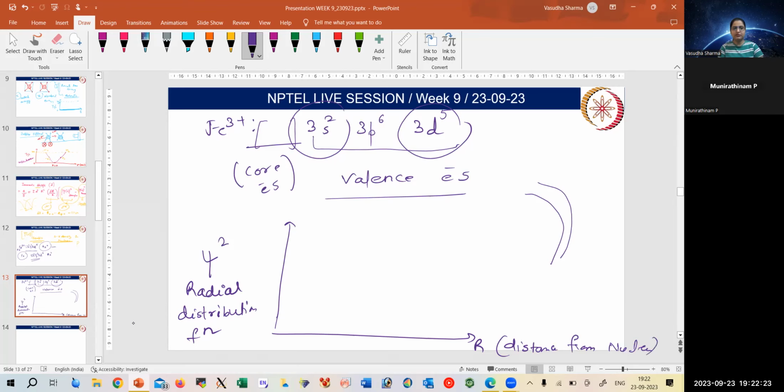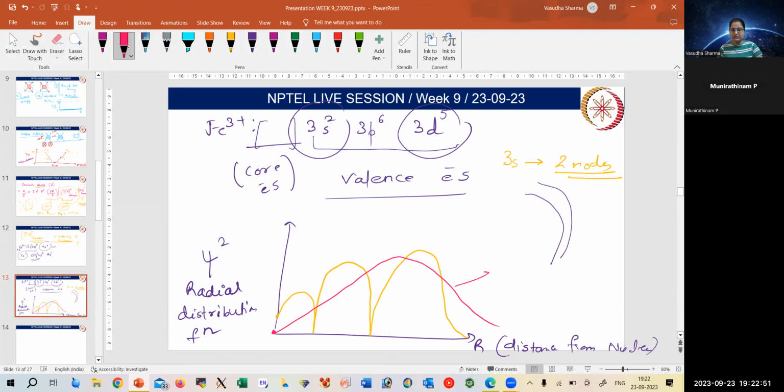If we draw for the 3s, since 3s is expected to have 2 nodes where the electron density would be 0, and it starts, as I said, from here, it is having some density. So it looks this way, right? And if I draw for 3d, it will go from 0 and go like this, right?